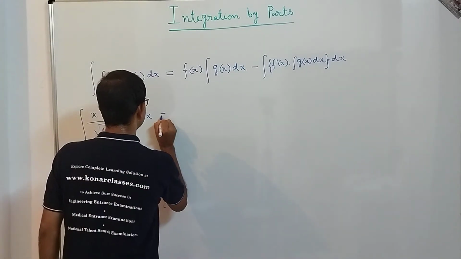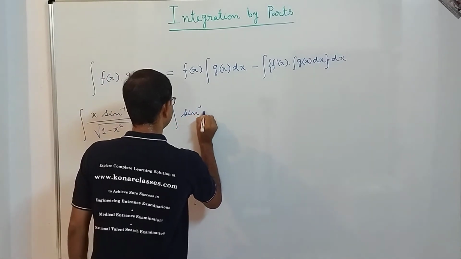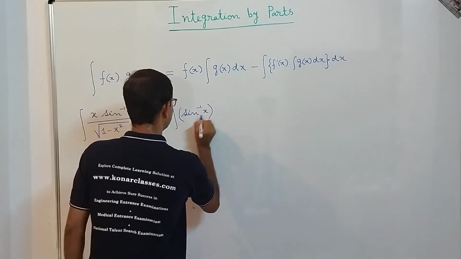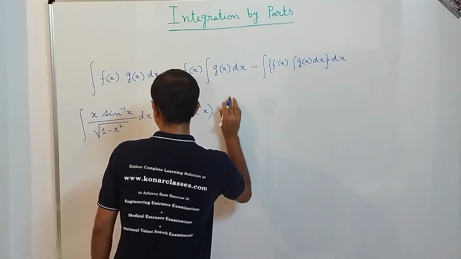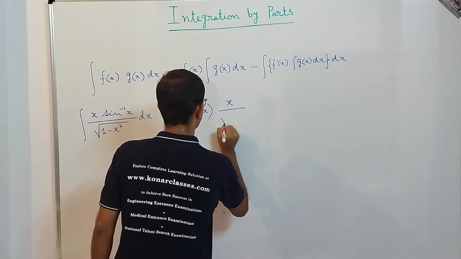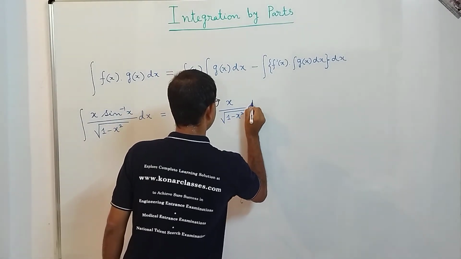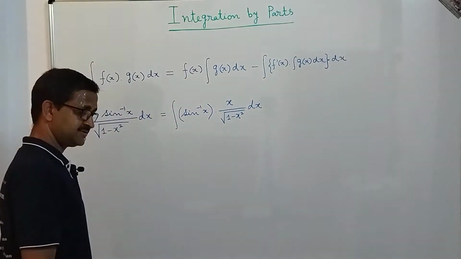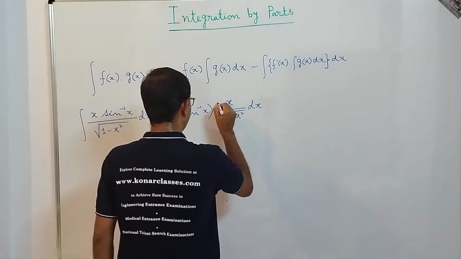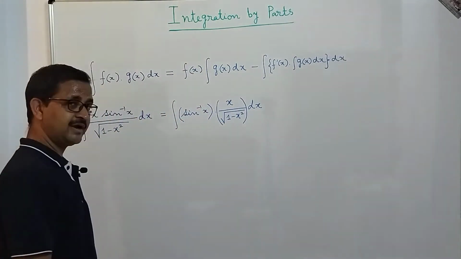So what you should do is write this as equal to sin inverse x into 1 into x by square root of 1 minus x square dx. Correct? So now we see there are two functions, sin inverse x and x by square root of 1 minus x square.